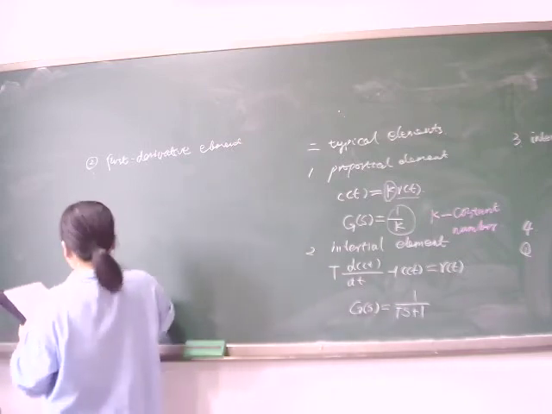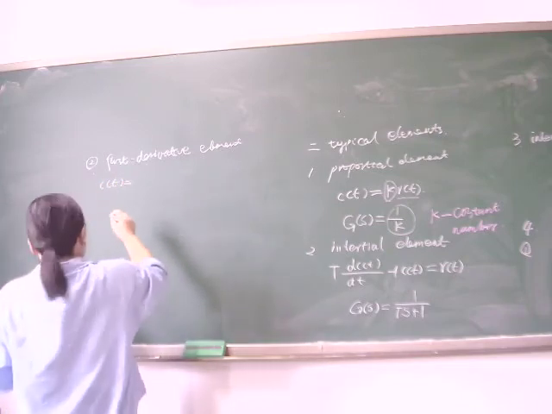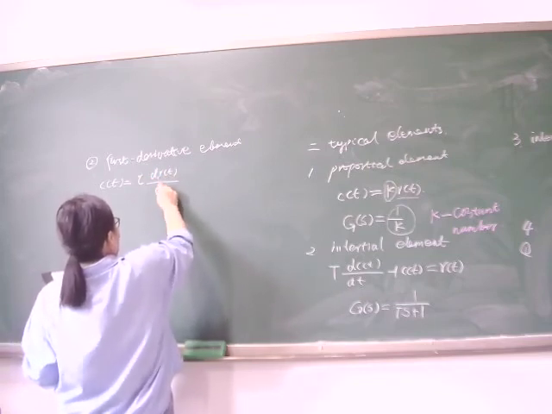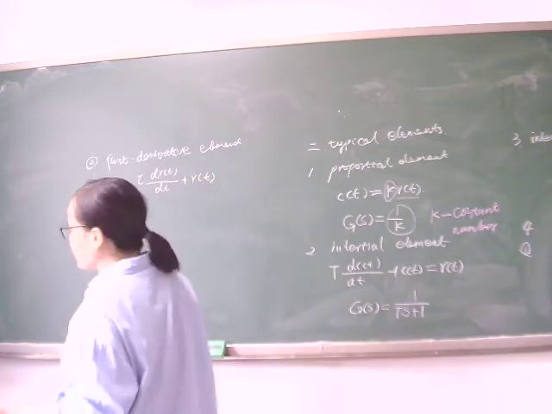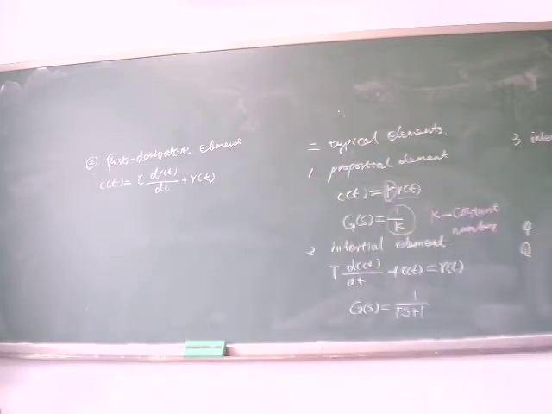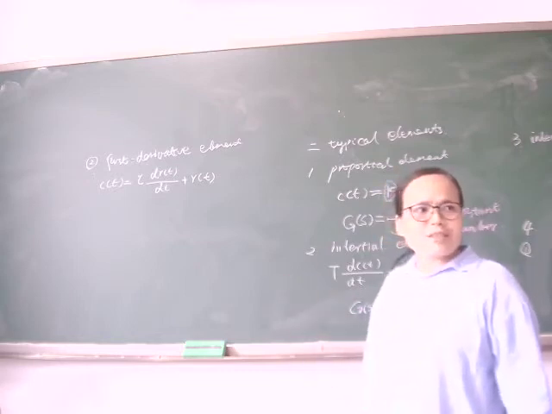Now we can calculate this: C(t) equals tau dR(t)/dt plus R(t). This is the first order, the first derivative element. Now, this is the ideal differential element, and this is the first derivative element. Now, how to get this transfer function?